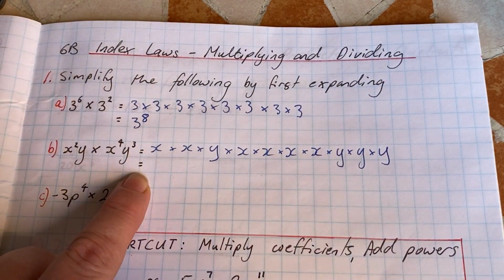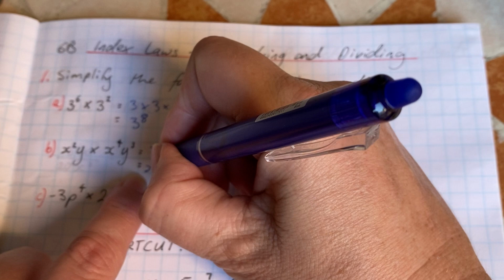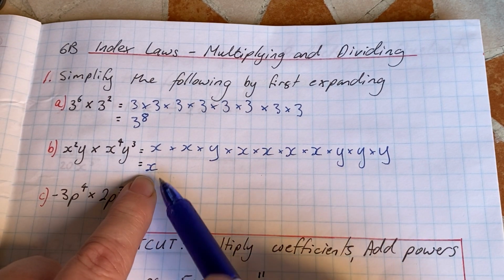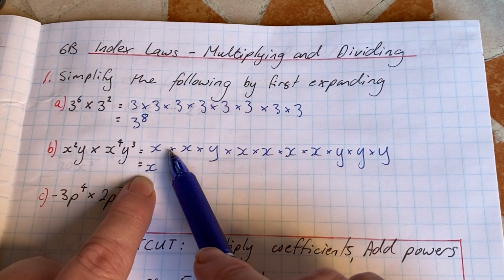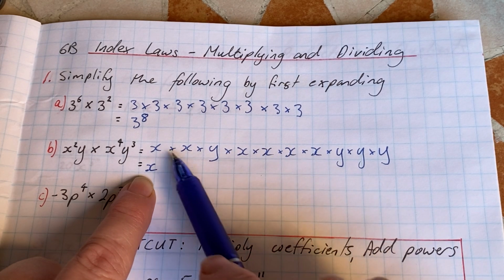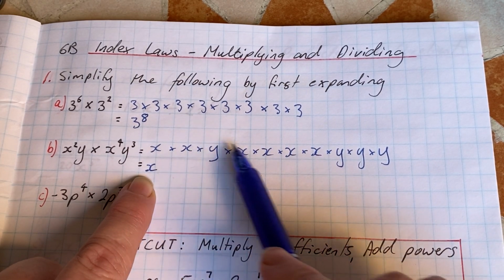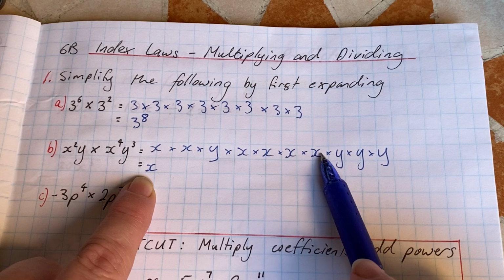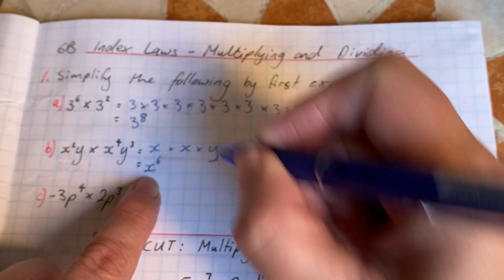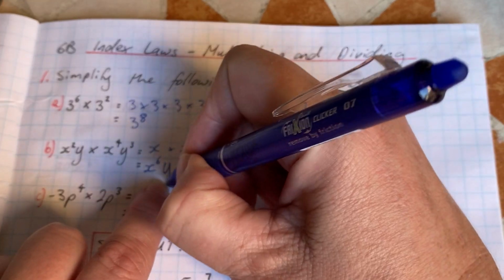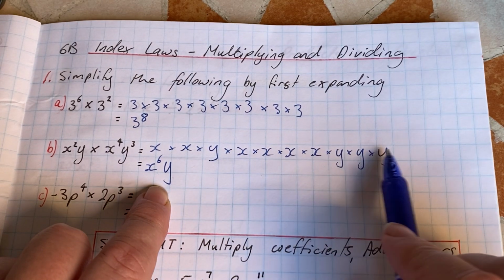Now let's count up how many we've got. Remember, an index is a count of how many of them are multiplied together. These are all multiplication signs, not addition signs. So 1, 2, 3, 4, 5, 6 x's are multiplied together. So x to the 6, y to the 1, 2, 3, 4.